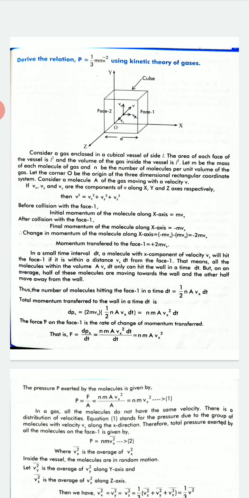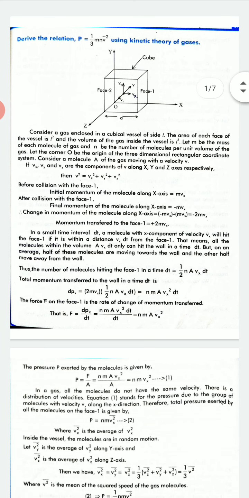After collision with face 1, the final momentum will be minus mVx, because it is opposite in direction, so the sign is minus. Before collision the initial momentum is mVx, and after collision the final momentum is minus mVx.